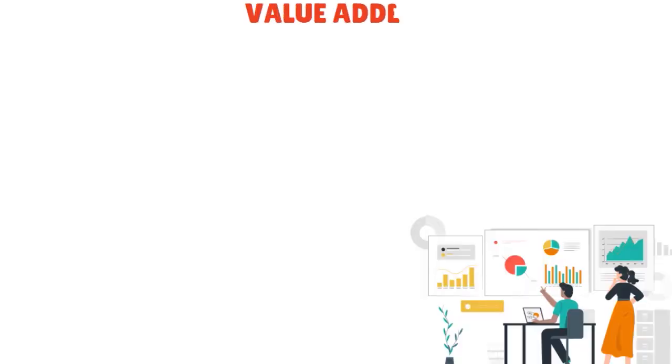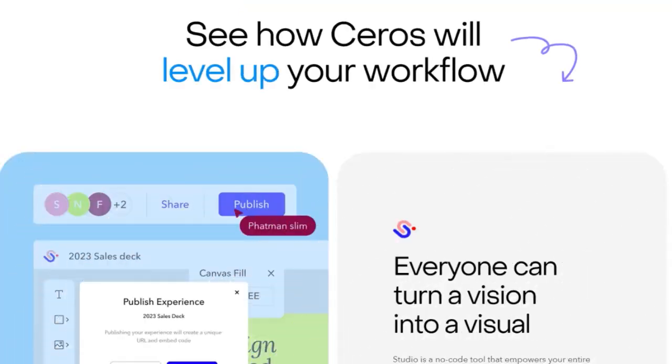So what's the value added here? When you think about Ceros content marketing software, where does this tool stand out? Well, this tool stands out in several areas. I think I've said this before, that you are able to create visually stunning and highly interactive content experiences. You are able to integrate rich media elements such as images, videos, animations, and interactive components.